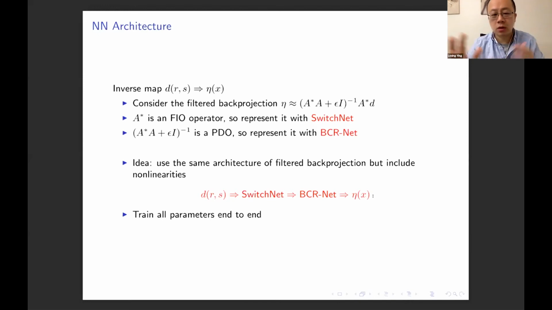But I haven't decided what weights to put in this architecture, because I haven't specified the coefficients. These coefficients will be trained end to end. You use a limited number of D and eta pairs to train the network, and hopefully that will give you an approximation of the operator which can be used for inference.